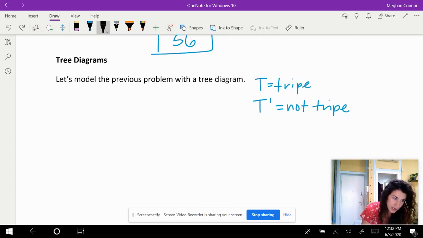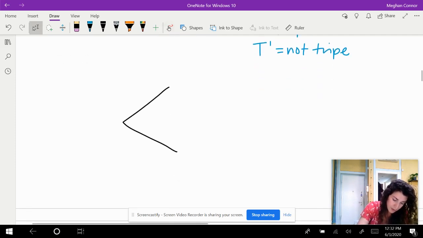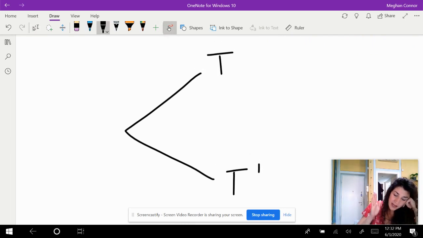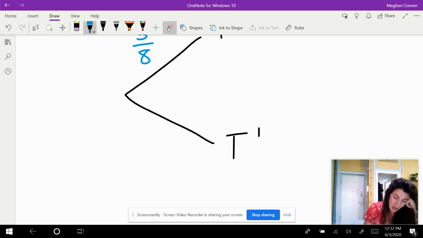So if we were to then draw our tree diagram, we first say, okay, well, we have the probability that there's going to be a tripe, and then we have the probability that there's going to be a not tripe. The probability of us going from the beginning to tripe is 3 out of 8 versus the probability of going to not tripe is 5 out of 8.